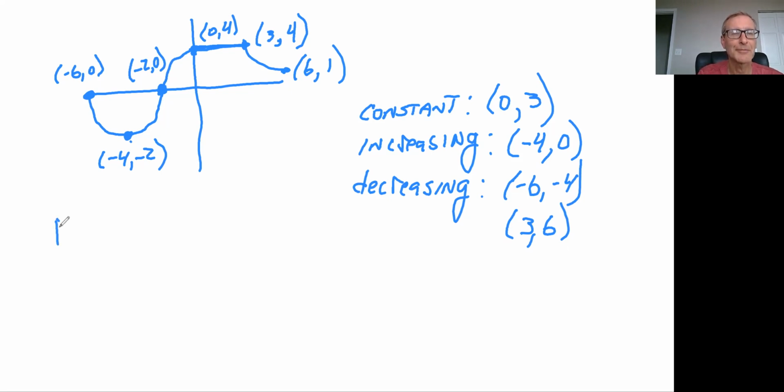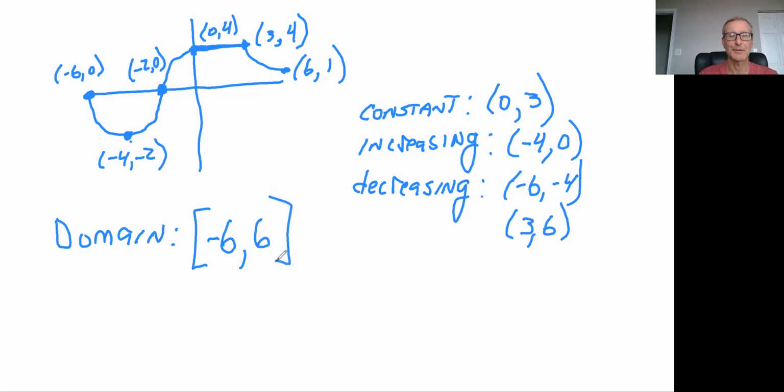So let's again review what would be the domain of this graph. What is the smallest value of x? That would be -6. And since that's a dot, that means it's included. And what's the largest value of x? It would be +6. And you can see we also have a dot there. So the domain would be -6 to +6.